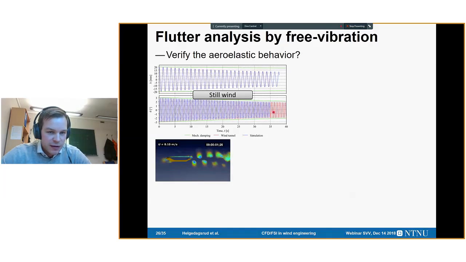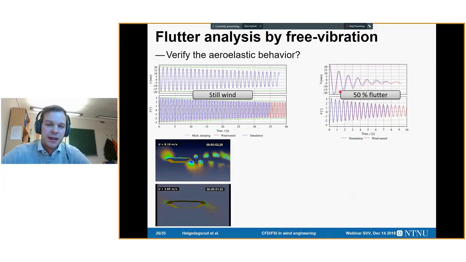We can see we have the red line, that's the wind tunnel, and we have the simulation, and they pretty much coincide. And it's a very slow decay. It just keeps on forever. And if you add a bit of wind, 50% of the flutter velocity, we see that the aerodynamic damping really kicks in, and we get the bridge to come to rest after just a few cycles. And we also capture this behavior very well.